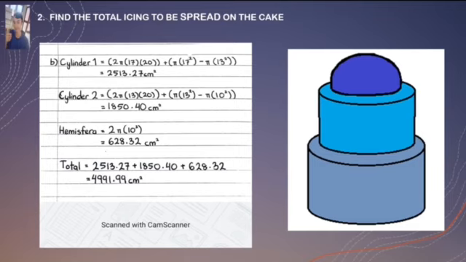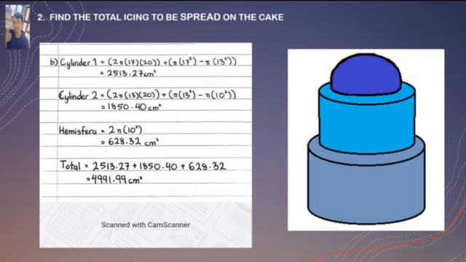The second question is to find the total icing needed to be spread on the cake. The question asks us to find the surface area of the cake. In order to find the surface area of the cake, we need to find the surface area of each shape of the cake. First, we need to find the surface area of cylinder 1.